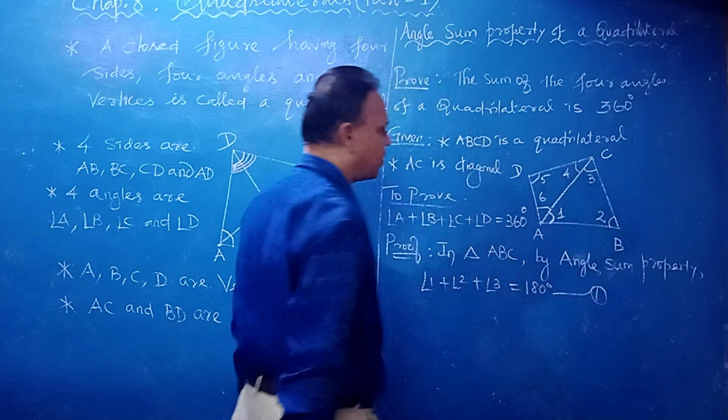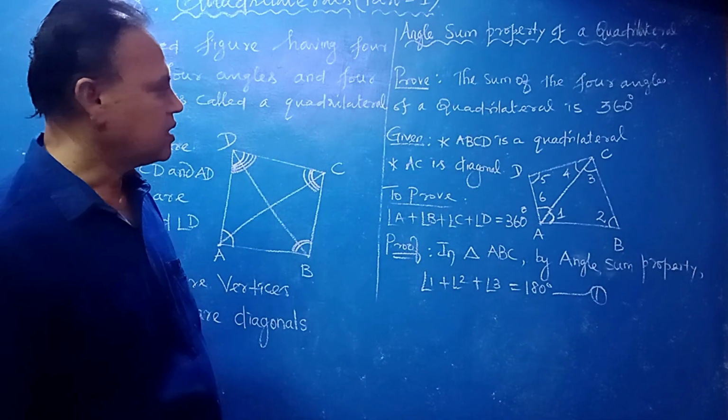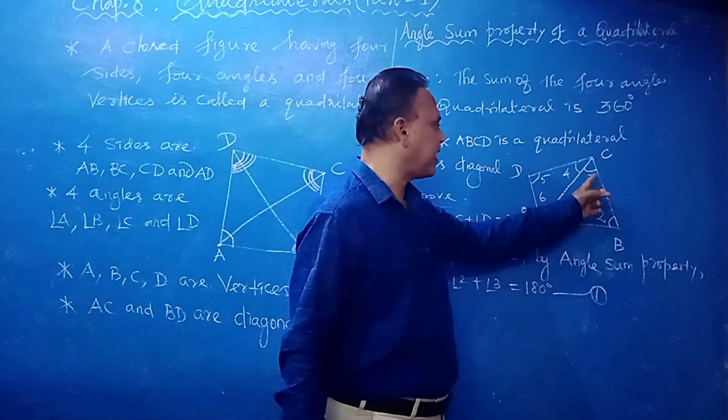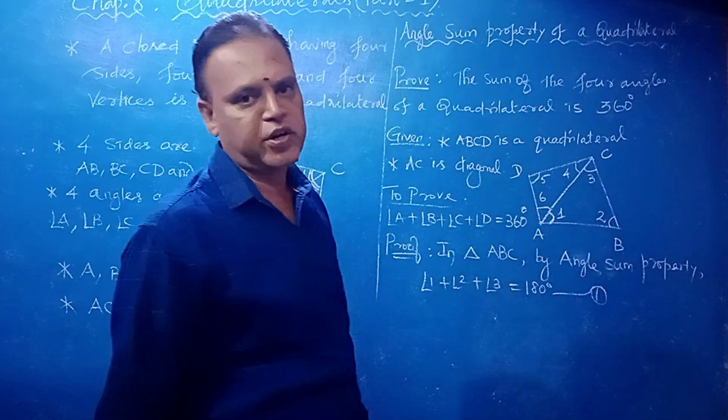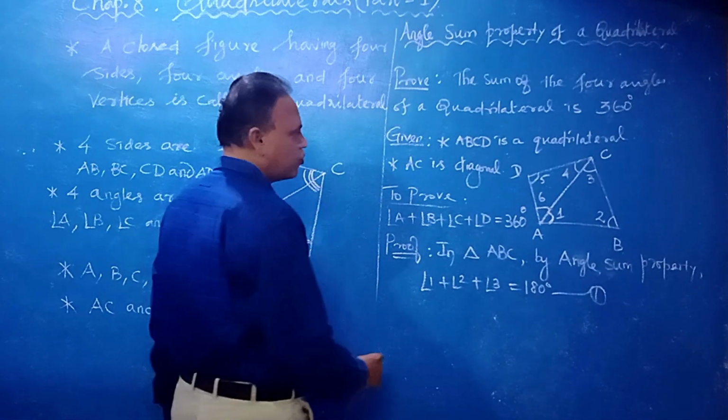This is equation number 1. The sum of all the angles of a triangle is 180, as you might have studied in lower classes.